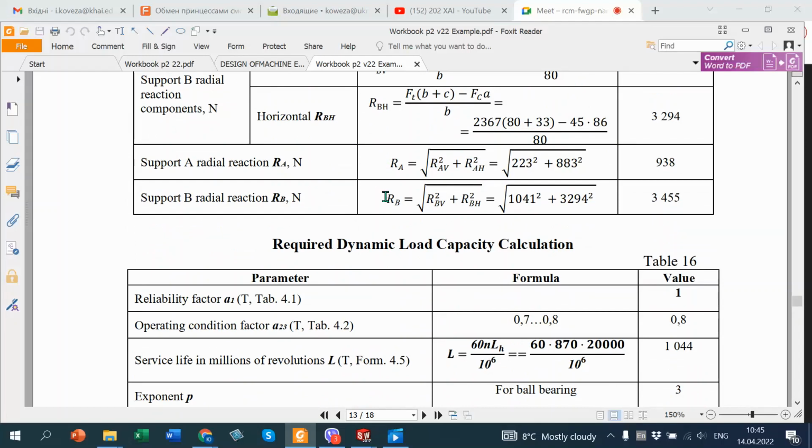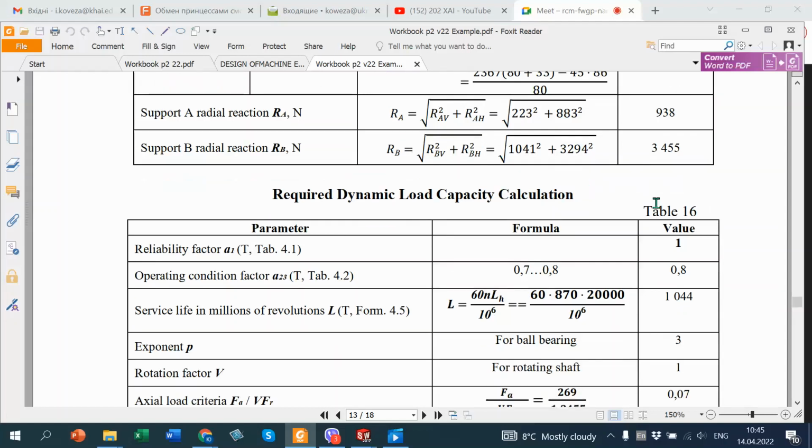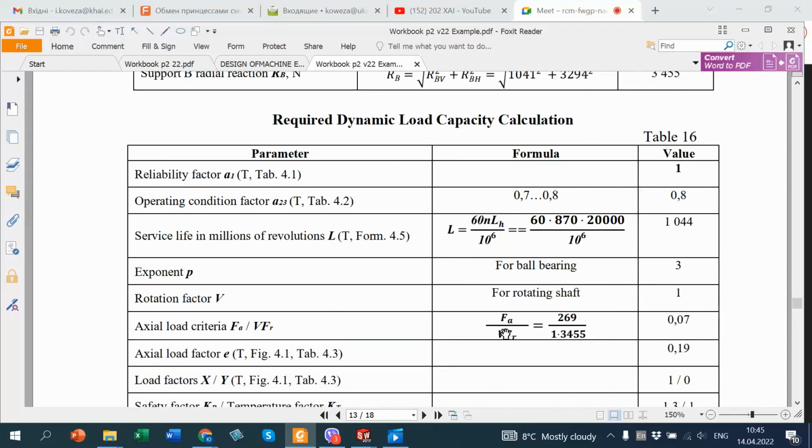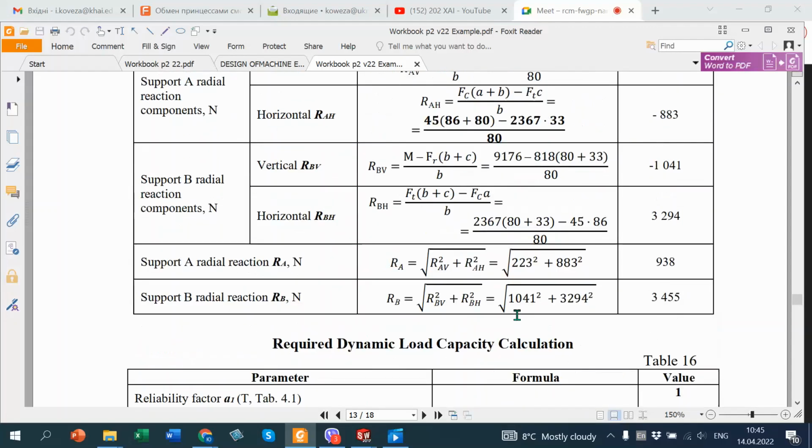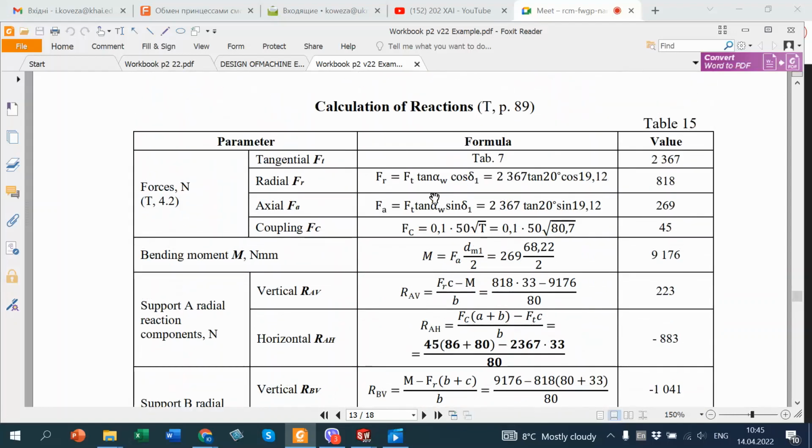So it means that this load FR is a result of summary influences of at minimum 4 forces. That's why FA is the axial force. We don't have other forces. Axial force 269.